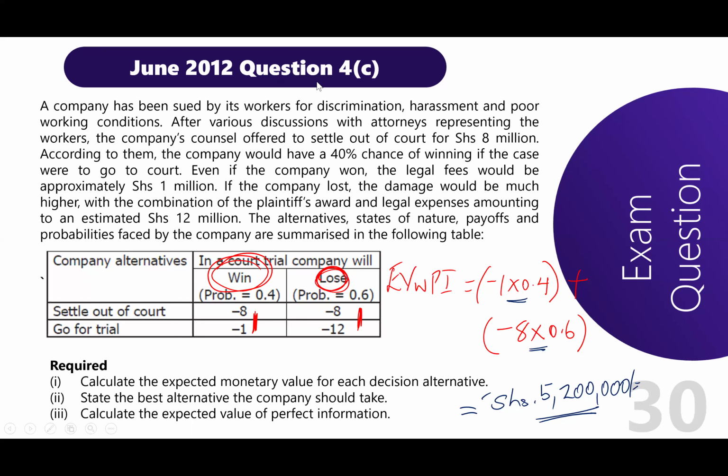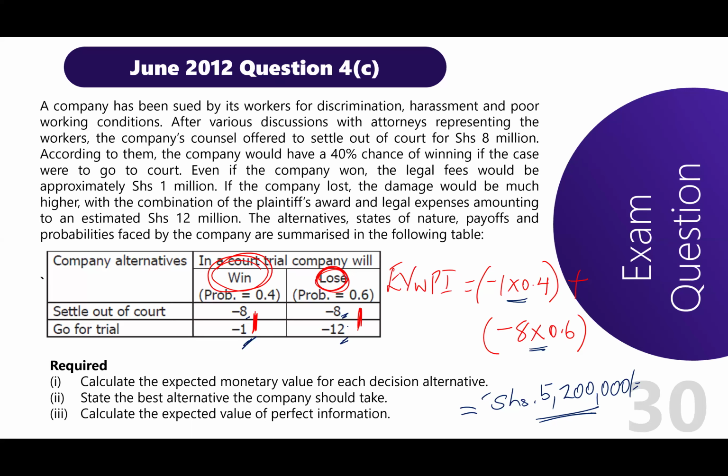So friends, I think you have seen what we have done with Peace. We selected the best outcome. Because they are negatives, the best will be the lower. You would rather lose -1 than lose -8. You would rather lose 8 million than lose 12 million. There are cases where you feel like you're doing badly, but there's someone else who's doing worse than you.